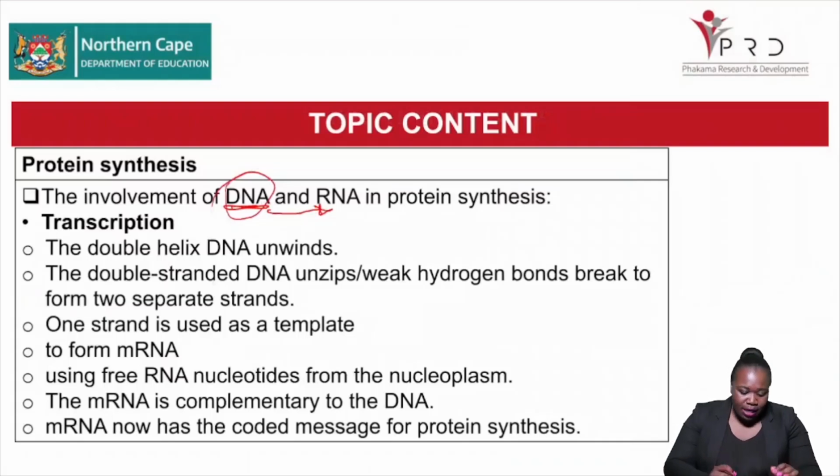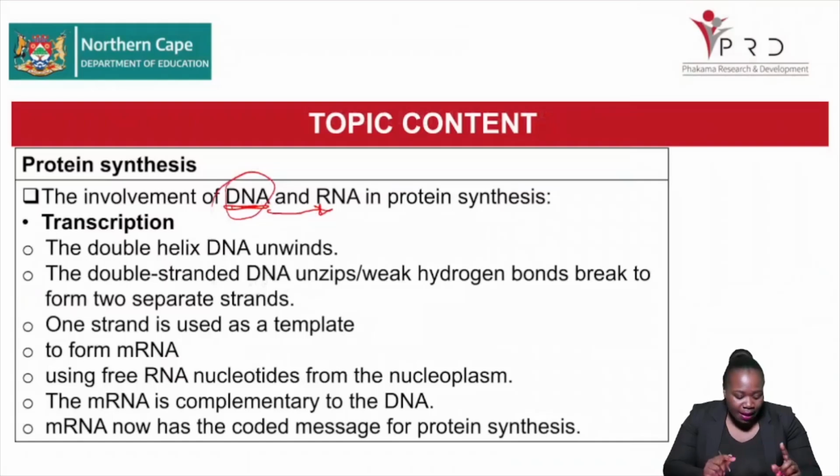So here we are going to look at what exactly happens. We're going to look at the double helix that unwinds, and how the DNA double strand unzips and breaks as the weak hydrogen bonds break, to form two separate strands.